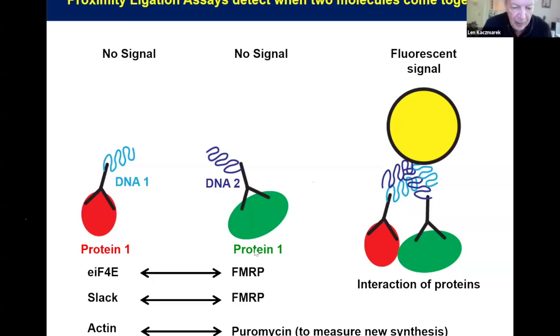Or, for example, if this is an amino acid or a pseudo amino acid that can be incorporated into a protein chain, you can measure new translation with this technique. So this is the technique we've been using to look at exactly the same thing.